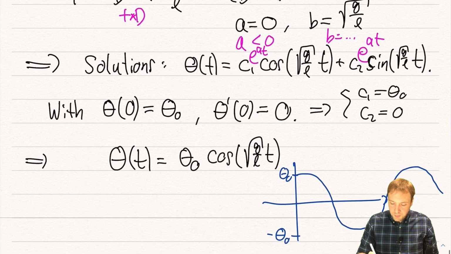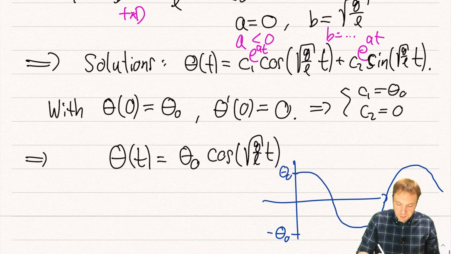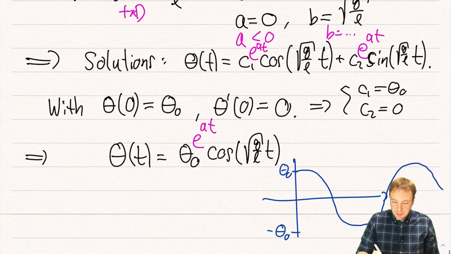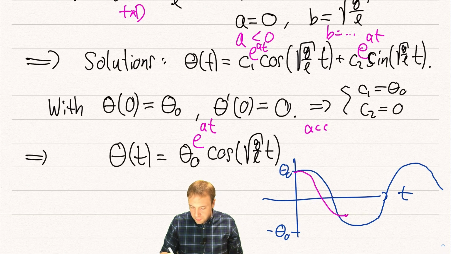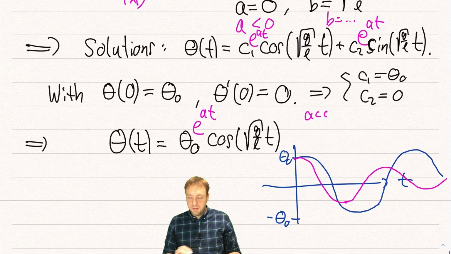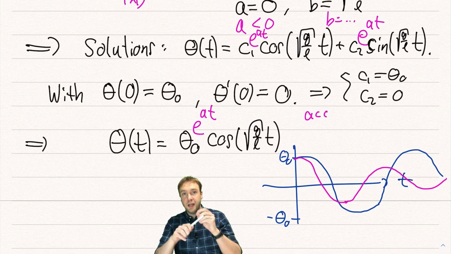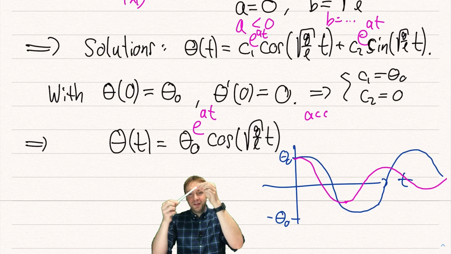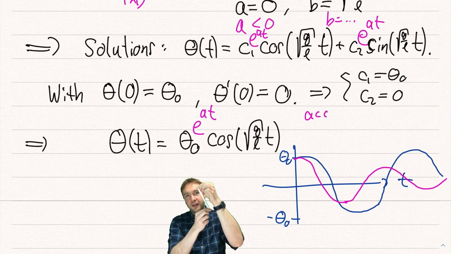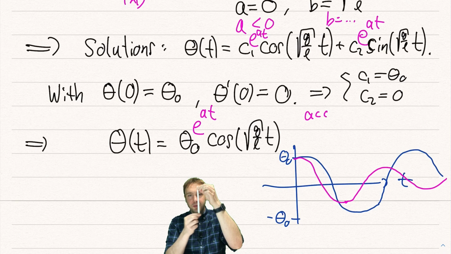So we start at theta 0, but then it will not go down to minus theta 0, but it will look maybe something like this, and then after a long time it will actually be 0. Maybe this is a really bad pendulum, but you will see that it starts at theta 0, goes not exactly to minus theta 0, and then it goes slowly to 0.